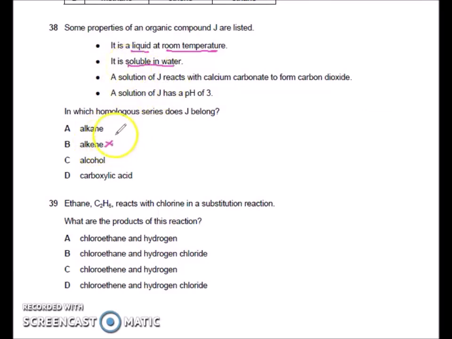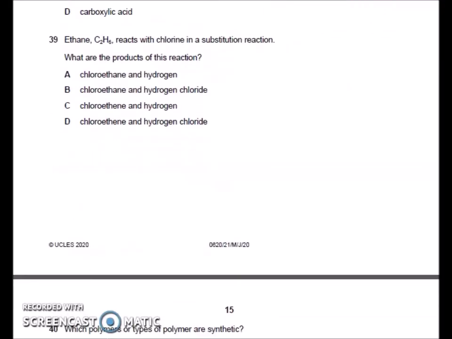So alkanes are not soluble, they are more to oil, okay, oil based. So your answer is narrowed down to C and D. Solution of J reacts with calcium carbonate. Okay, it's only acid that can do this. This is acidic. So your answer is D. 38 is D. Now we go to 39.